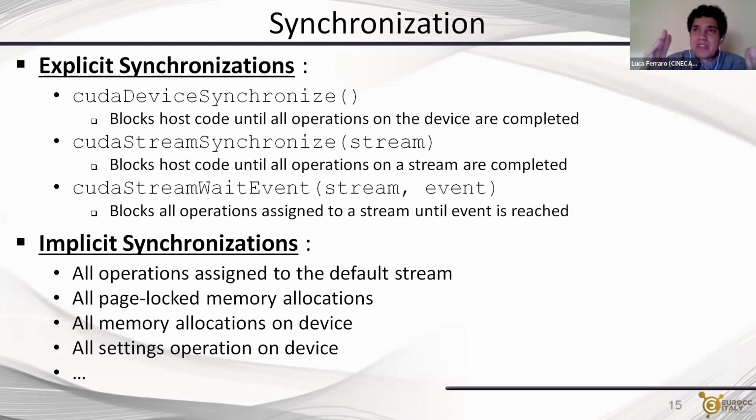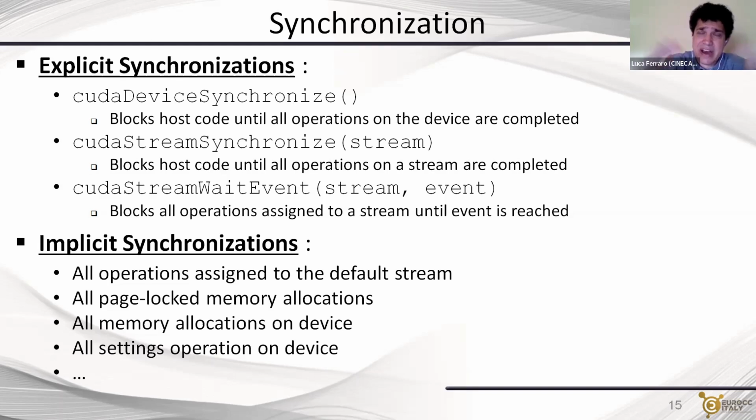As I said, when you have asynchronous concurrent execution, sooner or later you will need synchronization. You can use explicit synchronization with different refinements. For example, you can use cudaDeviceSynchronize, which is a complete synchronization.